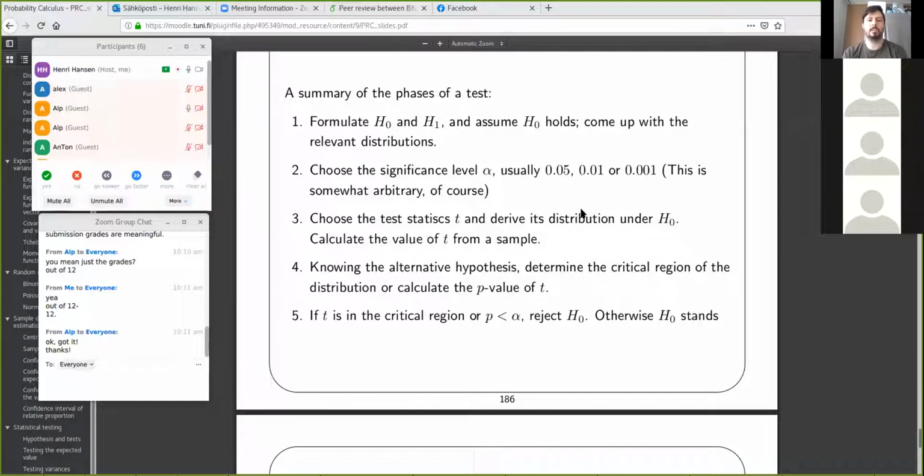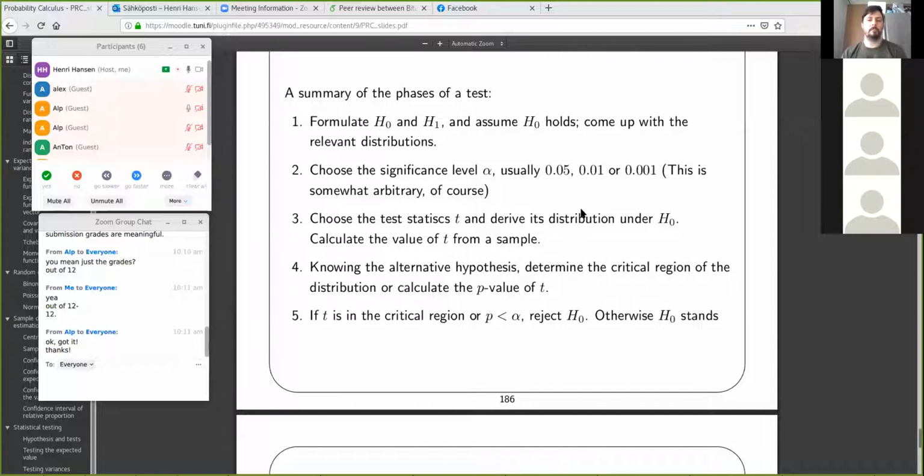Calculate the value of t from a sample. So in this situation, you have to come up with the sample and calculate the value. Determine the p-value, or the critical region, the values that you should get that would merit rejecting the null hypothesis. If you get a value in the critical region or your p-value is smaller than alpha, reject the null hypothesis and adopt the alternative hypothesis.